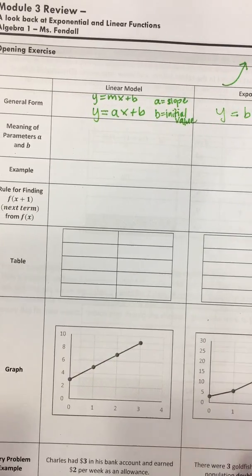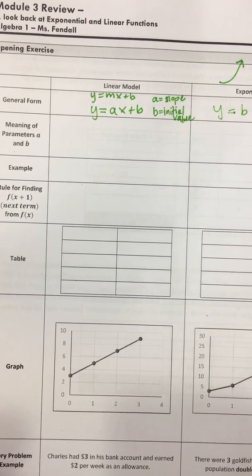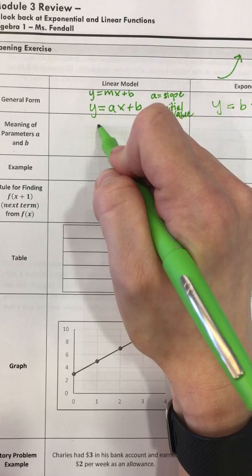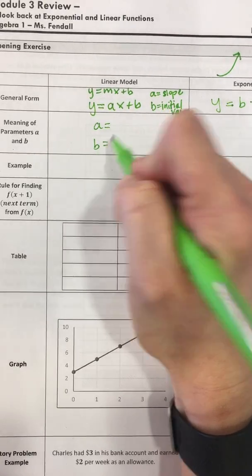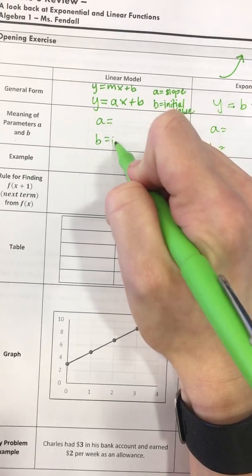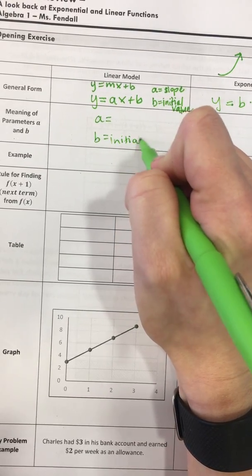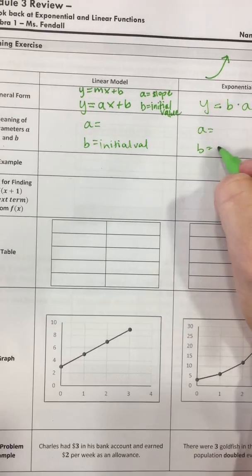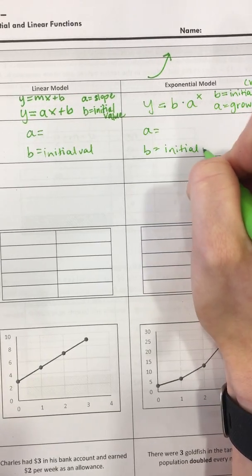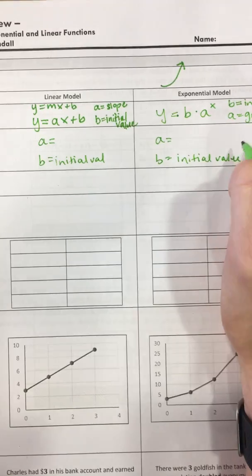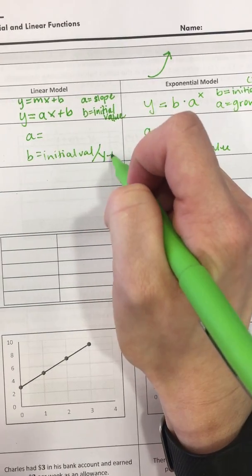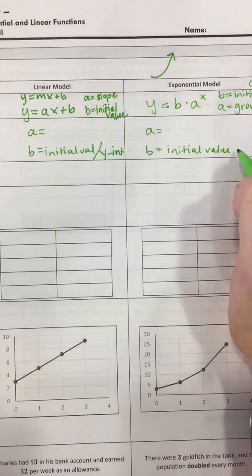Now I'm going to talk about what a and b really mean, but I kind of already wrote it. So we're just going to say a, b again. b is the initial value, but we can also talk about it as the y-intercept for both.